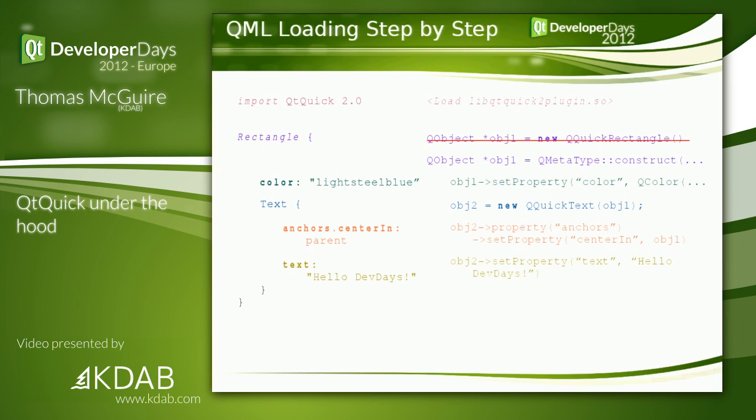If the headers weren't private, you could do that in C++ as well. In a sense, it's quite similar to UI files in widgets. UI files in widgets also create similar code, right? They create code that creates a push button, puts the push button in a layout. But widgets code, designer UI files, they do that at compile time.